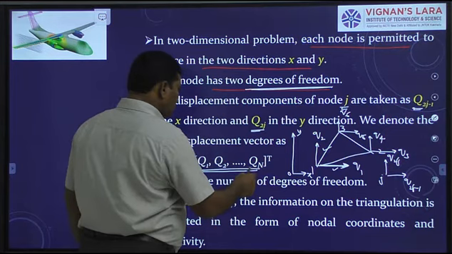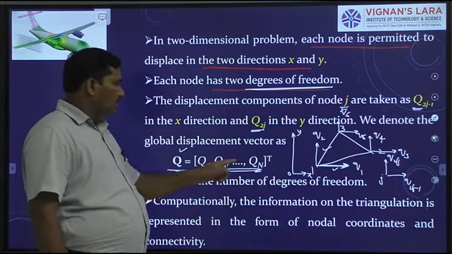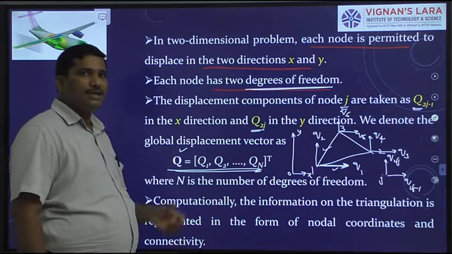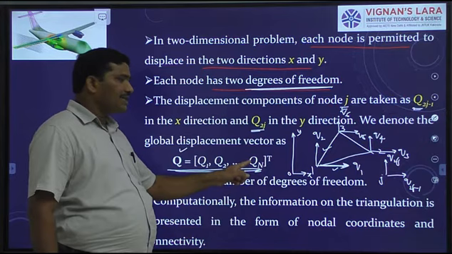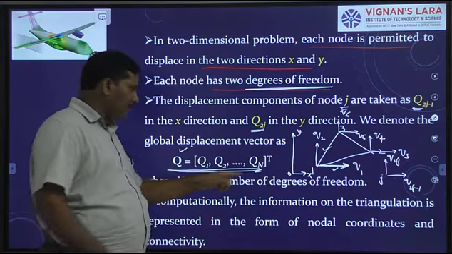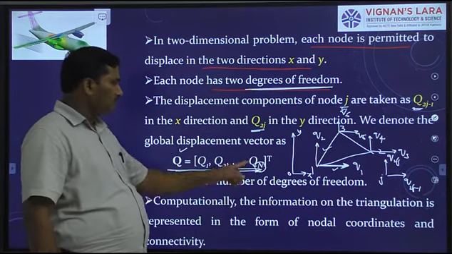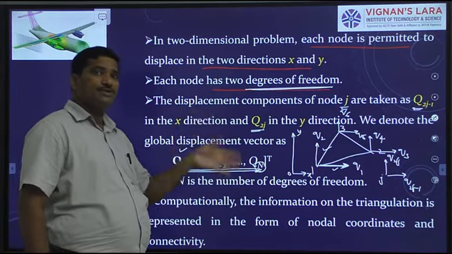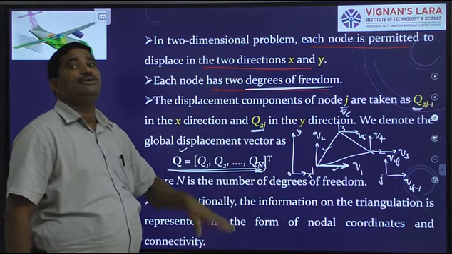And coming to Qn, what is Qn here? Observe carefully. N is the total number of degrees of freedom of the domain.